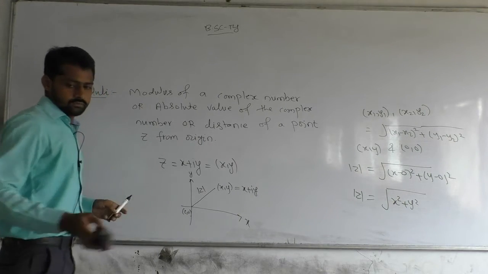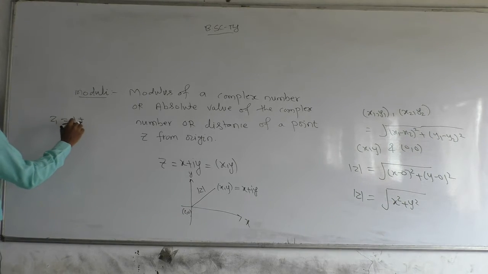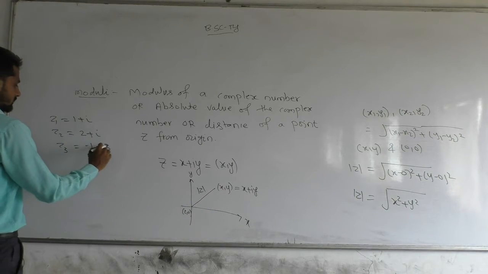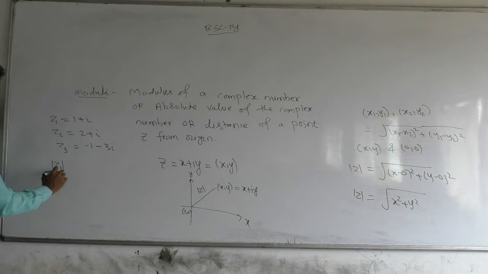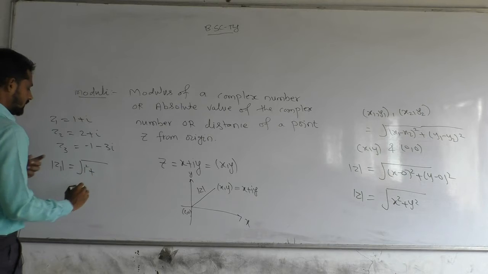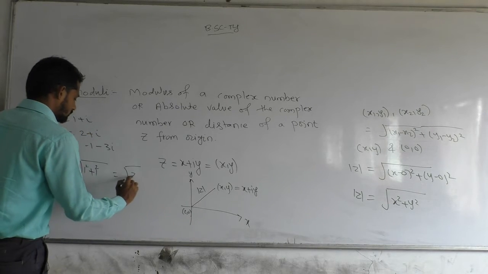For example, find the mod of z1 is equal to 1 plus i, z2 is equal to 2 plus i, z3 is equal to minus 1 minus 3i. Then mod of z1 is equal to the square root of the square of the real part, 1 square, plus the square of the imaginary part, 1 square, which is equal to square root 2.